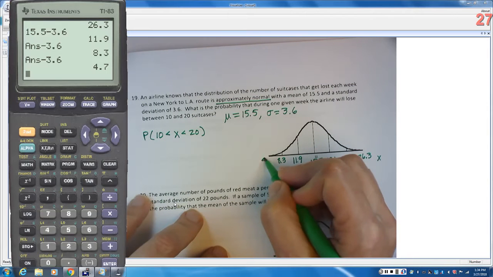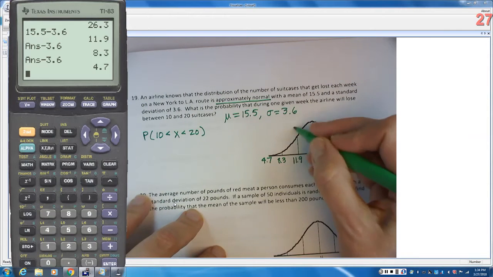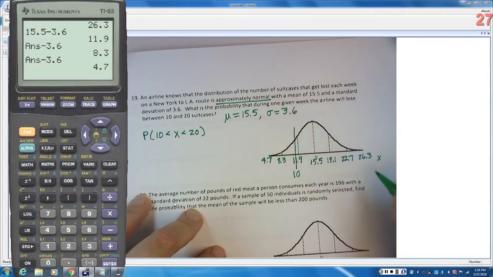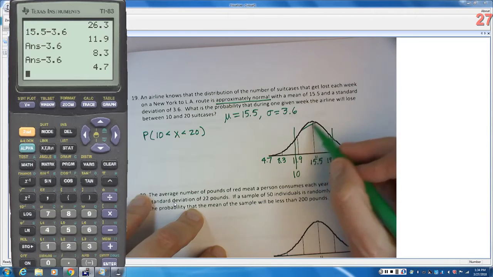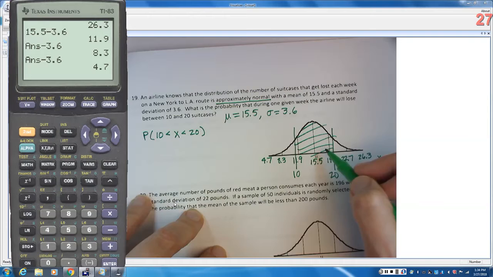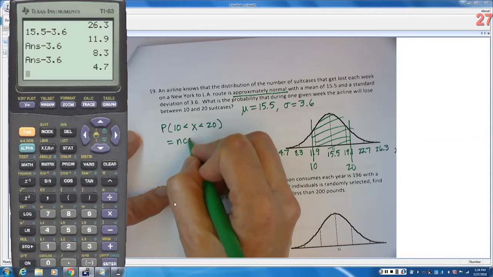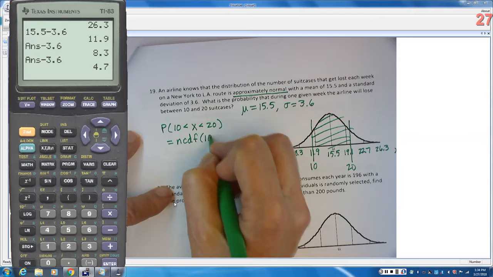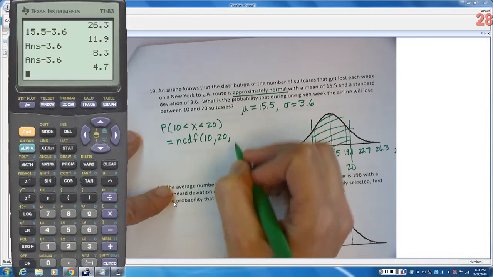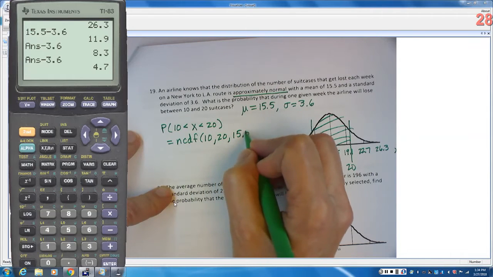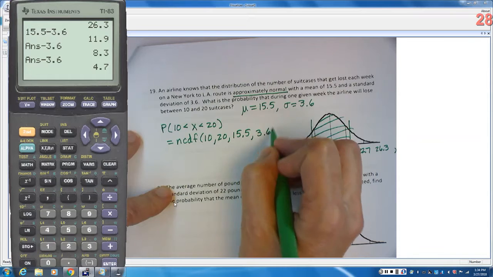So, between 10 and 20, shade the middle, and it is normal CDF. The lower limit is 10, the upper limit is 20, the mean is 15.5, and the standard deviation is 3.6.